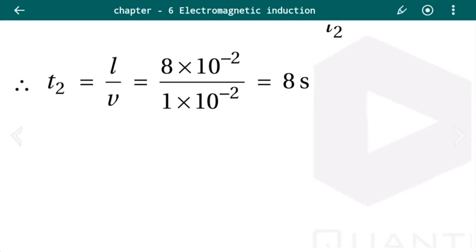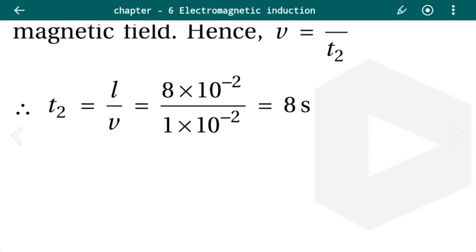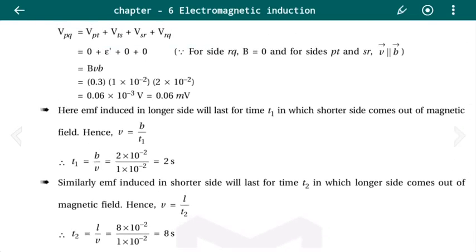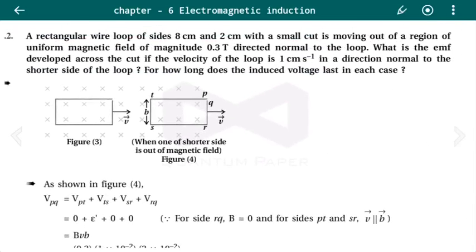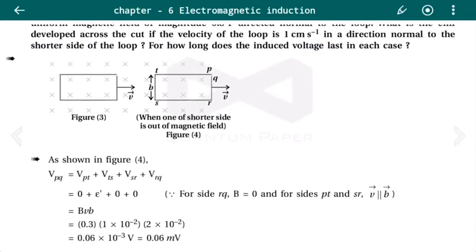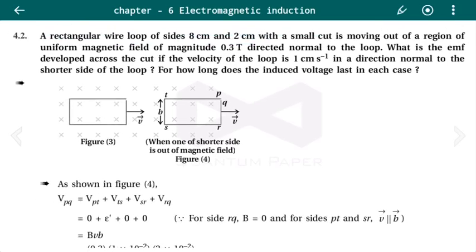Putting the values of L and V, that is 8 into 10 raised to minus 2 upon 1 into 10 raised to minus 2, equals 8 seconds. So the time taken is 8 seconds. So we found for how long this induced voltage will last for both the cases. So students, you may copy down this numerical.